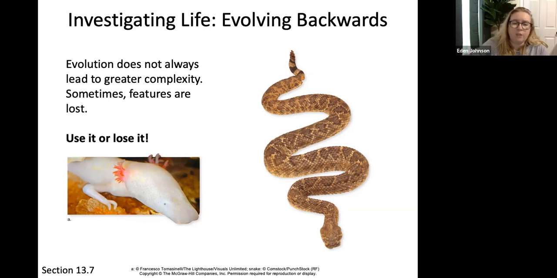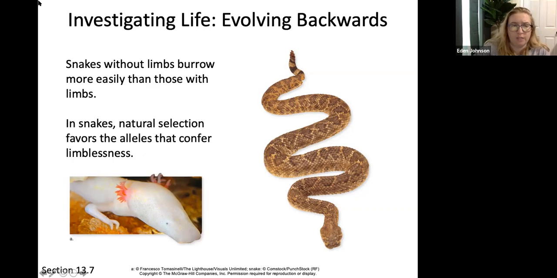So you have a use it or lose it situation. Snakes without limbs burrow more easily than those with limbs. In snakes, natural selection favors alleles that confer limblessness. So this snake has no limbs at all except for around here, those vestigial femurs.